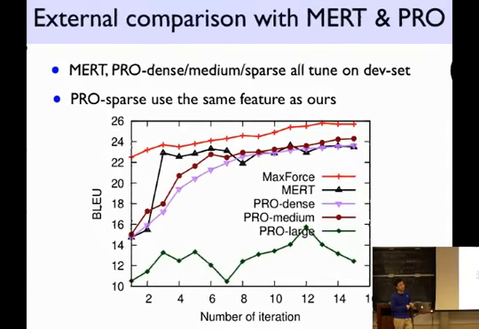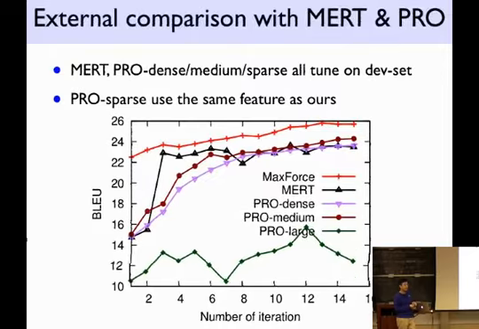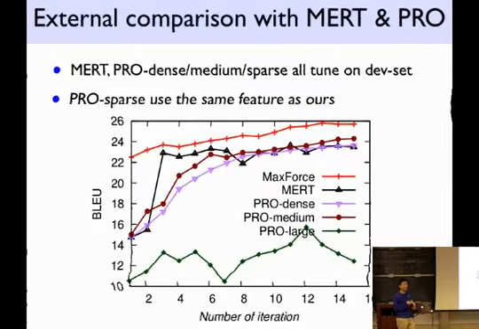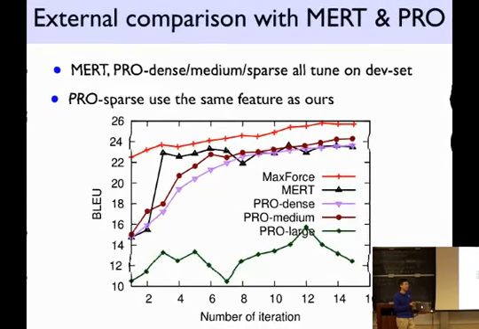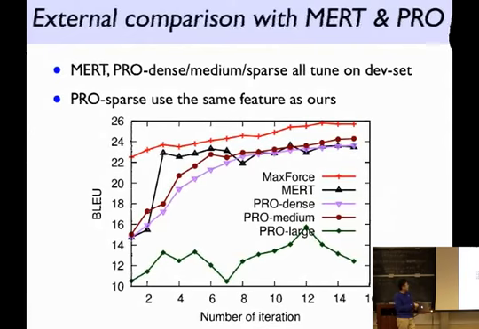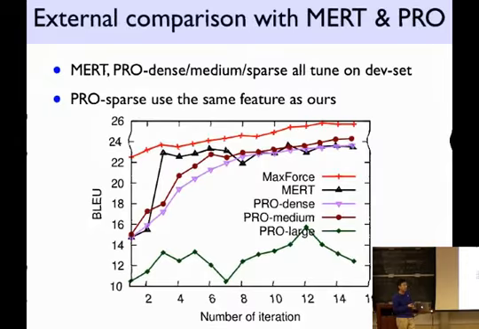No. So PRO and MERT, they all tune on the dev set. We don't even touch the dev set. We only use the dev set to tell us when to stop, right? It's just held out to know which iteration is the best. In our iterations we just pick the one which has the best performance on the dev set. So it's more like the traditional machine learning algorithm.